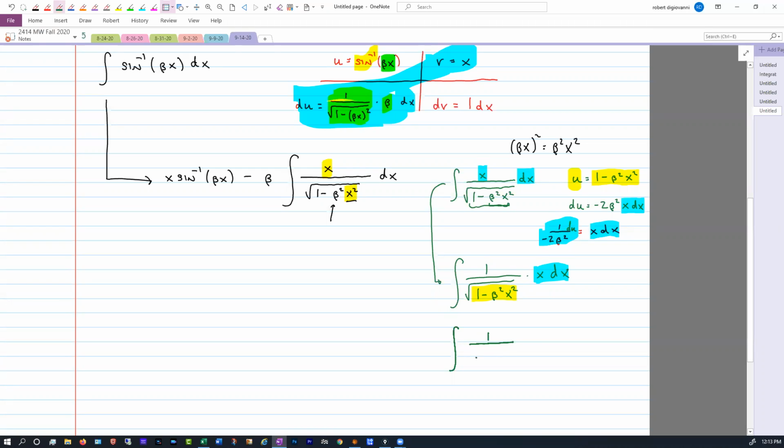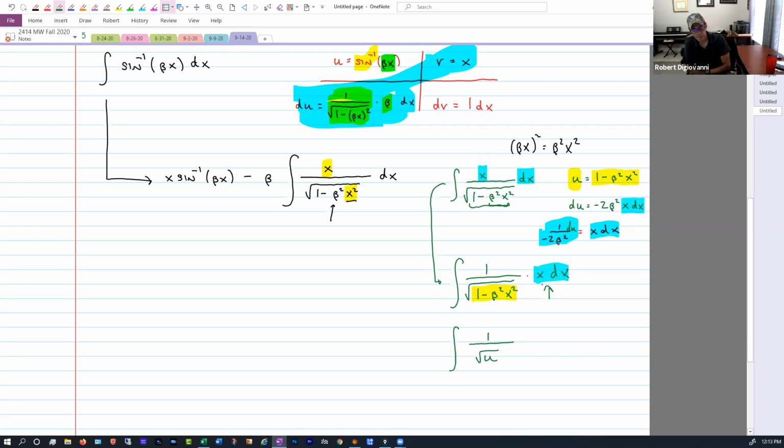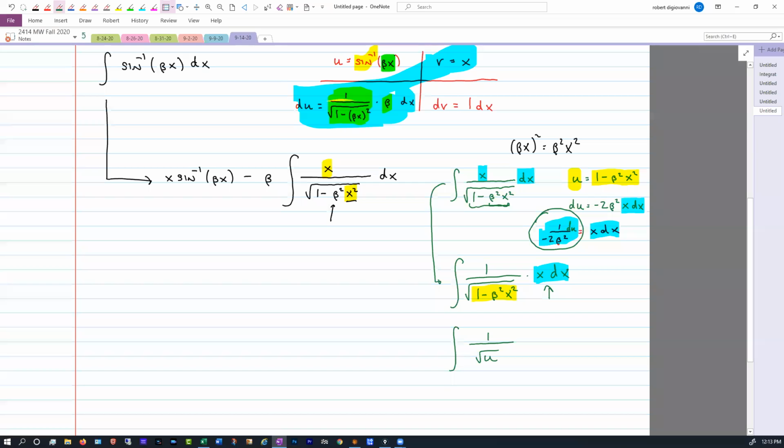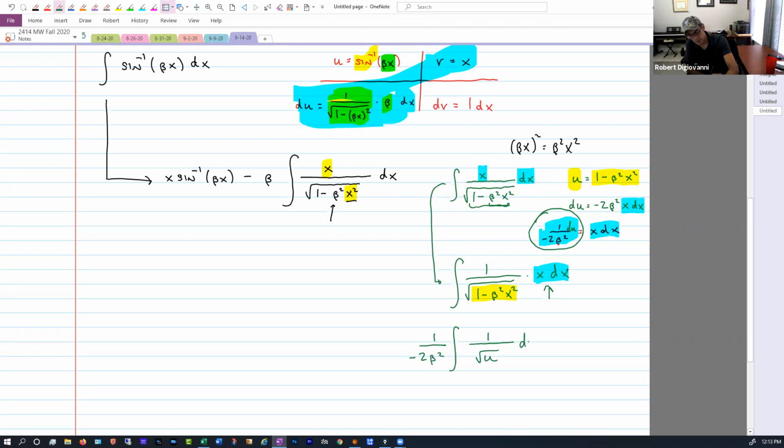So 1 over the square root of u, right? And then what are we replacing the x dx with in terms of u? All this right here, right? Yeah. Okay, so I'm going to pull that constant out, and I'm going to leave the du inside. That makes sense, Nick? Yeah.